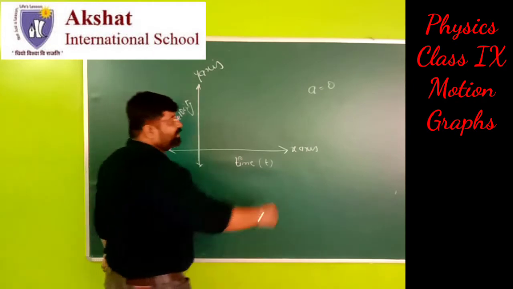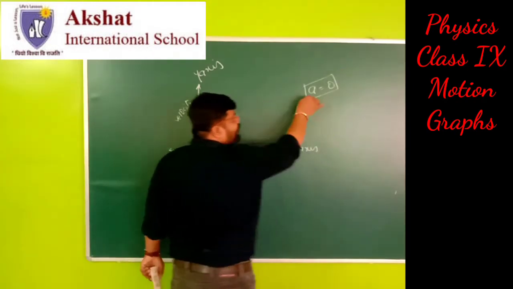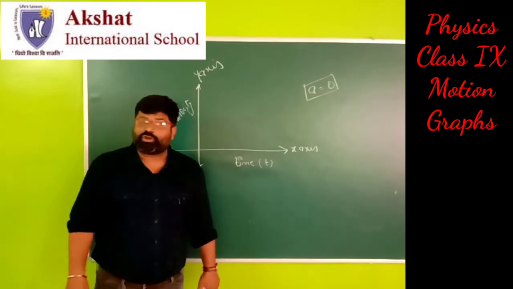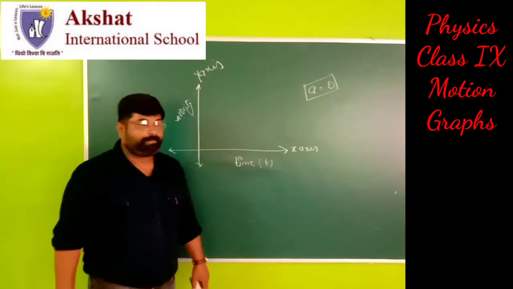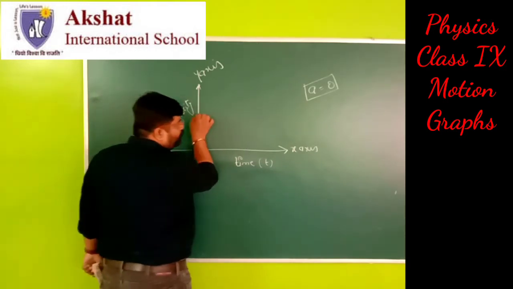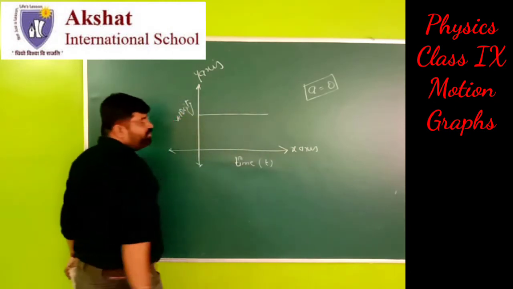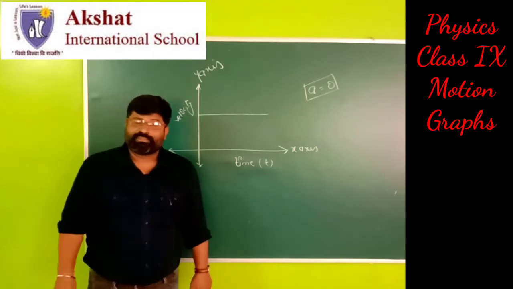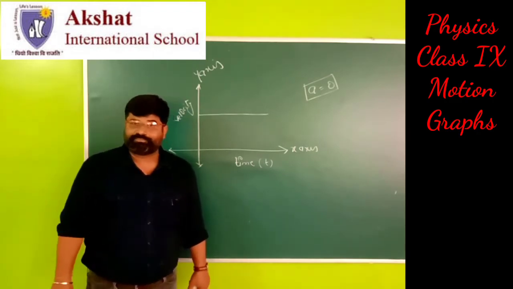Now suppose I ask you to draw a graph for this condition. What is written here? It is written that the acceleration is 0. That means the object is moving with constant velocity. We all know that if an object is moving with constant velocity, then the graph is parallel to the time axis.